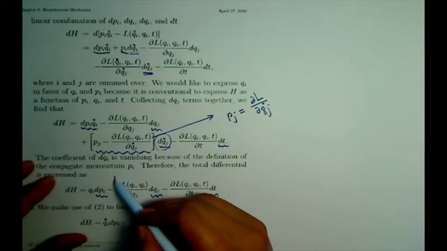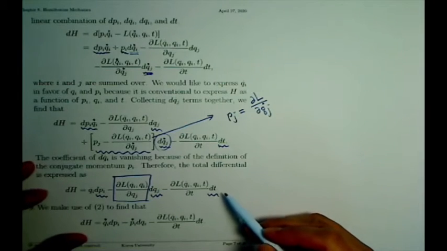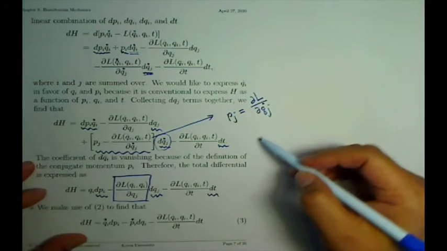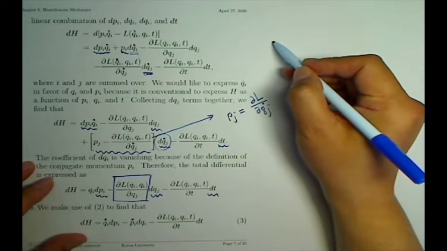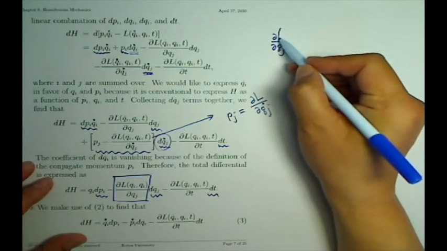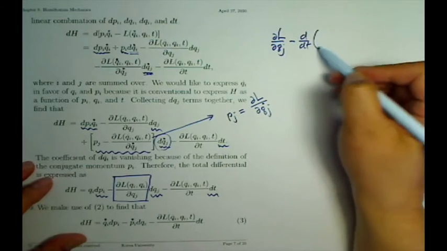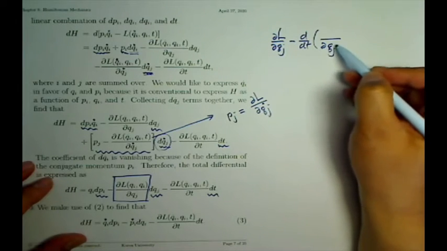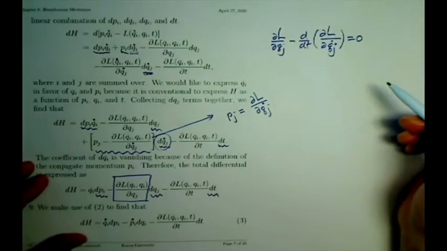And now we can make use of the Euler-Lagrange equation, partial L over partial qj minus dt d of partial L over partial qj dot equals 0.